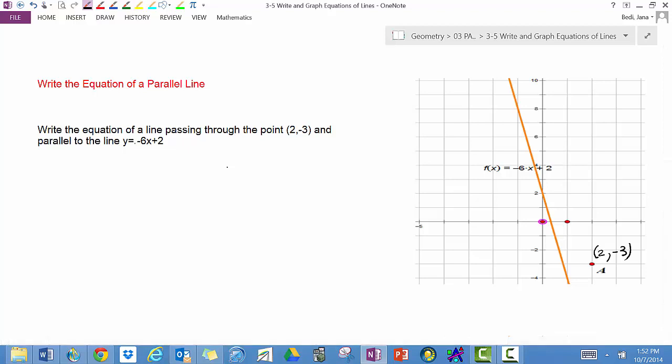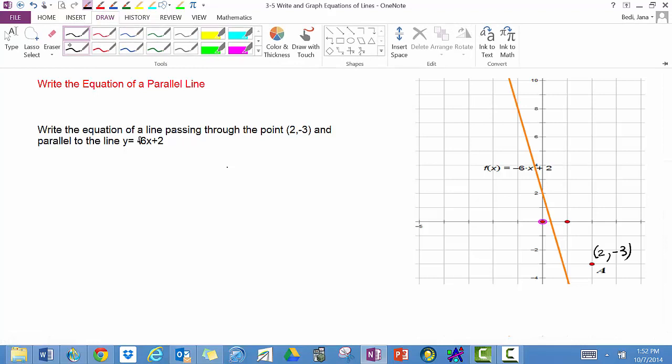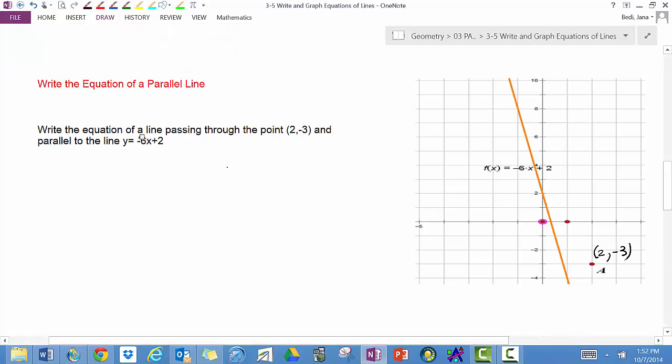The only thing that you need to get out of this given equation is the slope. So let's highlight that, and the slope is -6. So for my new line, which is going to be parallel to this given line, the given line is on the graph as you see it, I will write my equation as y - y1 = m(x - x1).